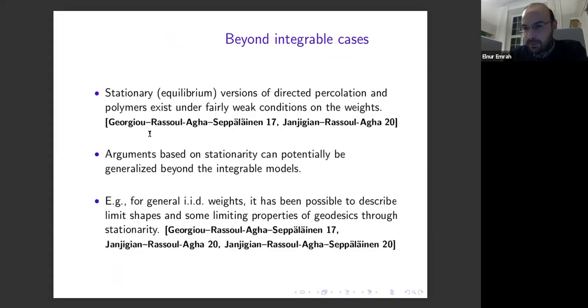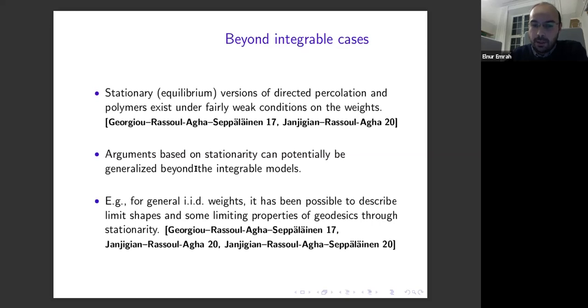And one other reason for our development is that stationary, also known as equilibrium, versions of the directed percolation that we use exist under fairly weak conditions on the weight distributions, both in the case of polymers and in LPP. For example, it suffices to have 2+epsilon moments for the weights.